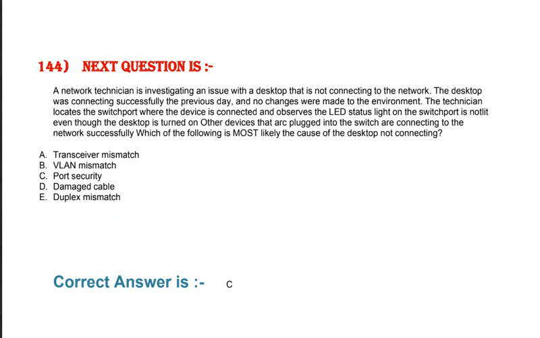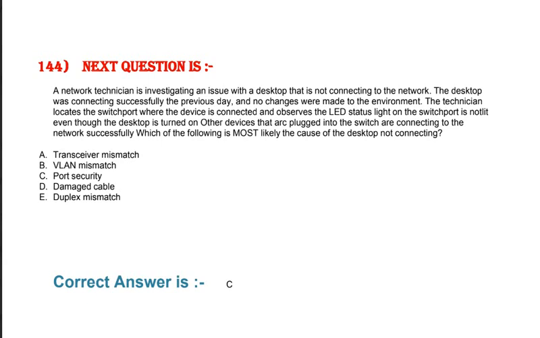Question is, a network technician is investigating an issue with a desktop that is not connecting to the network. The desktop was connecting successfully the previous day, and no changes were made to the environment. The technician locates the switch port where the device is connected and observes the LED status light on the switch port is not lit, even though the desktop is turned on.